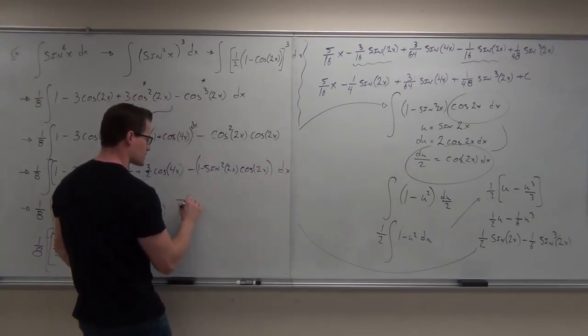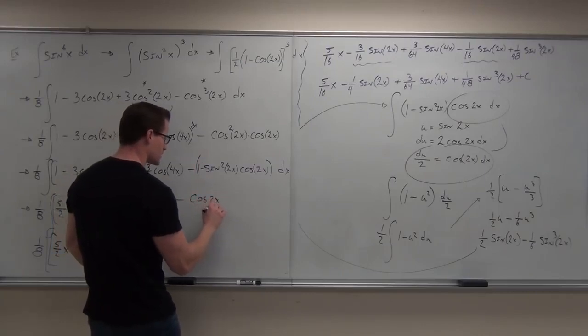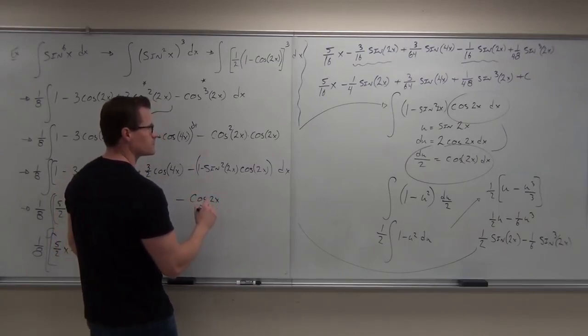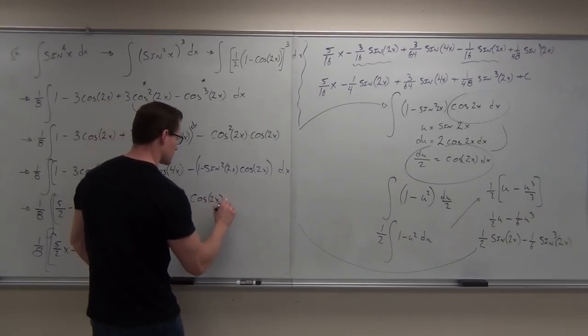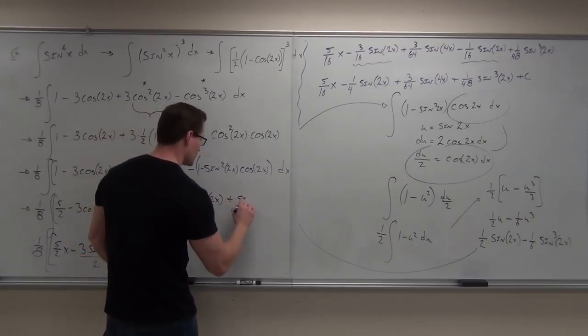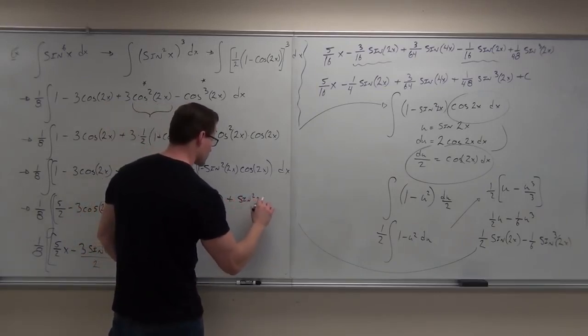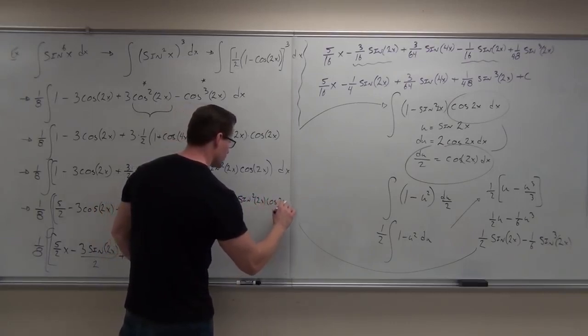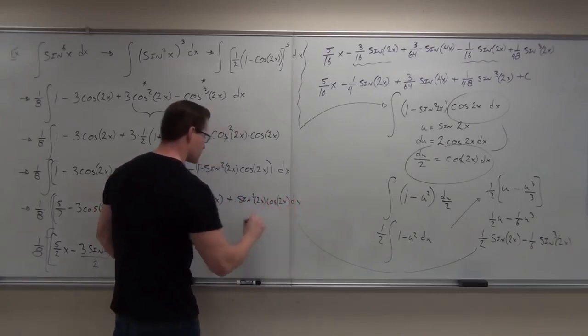You'd have a minus cosine 2x plus sine squared 2x cosine 2x dx.